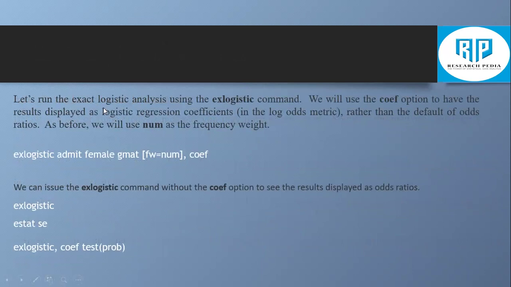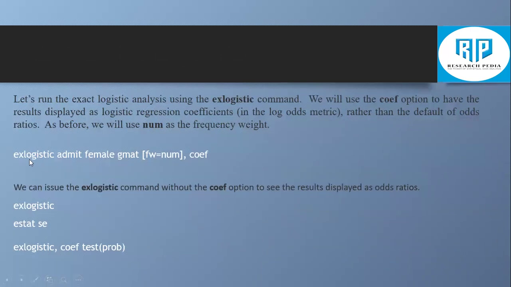Let us run the exact logistic regression analysis using the exlogistic command. We will use the coefficient option to have the result displayed as logistic regression coefficients in the log odds metric rather than the default odds ratios. As before, we will use num as the frequency weight.